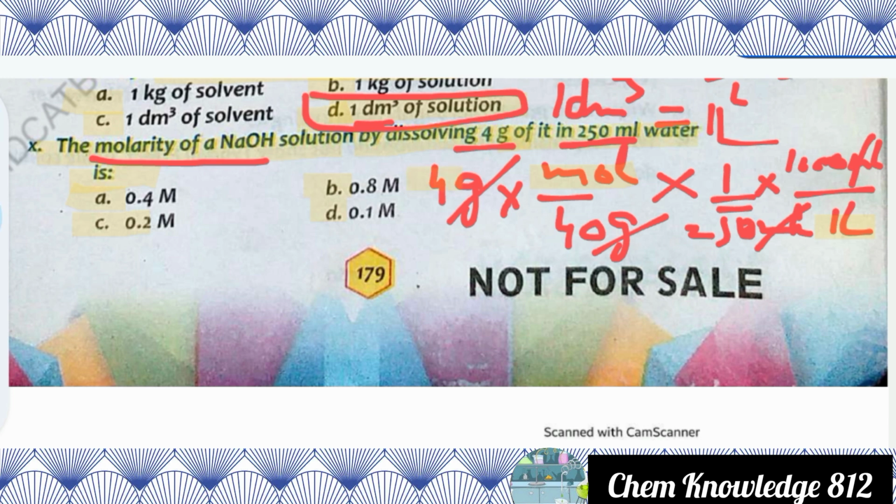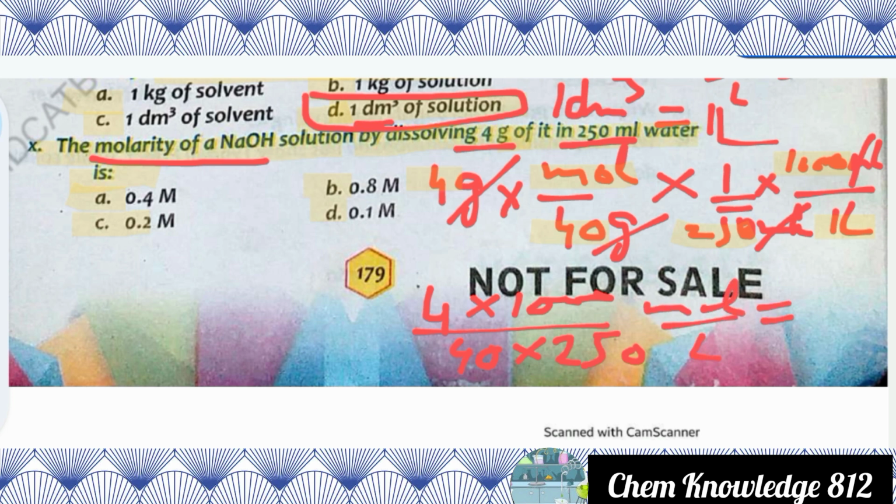Multiplying 4 with 1000 and dividing by 40 and 250, we get mole per liter, which is equal to 0.4 molar.